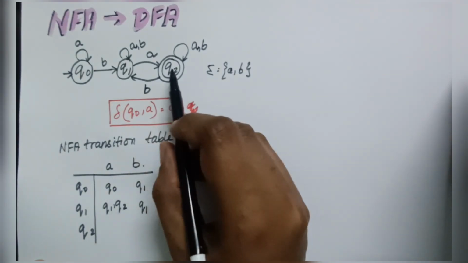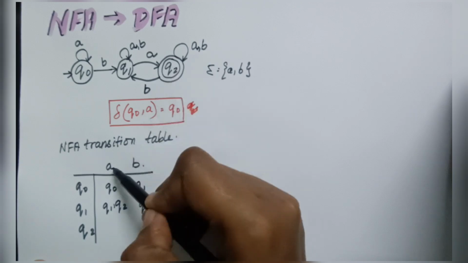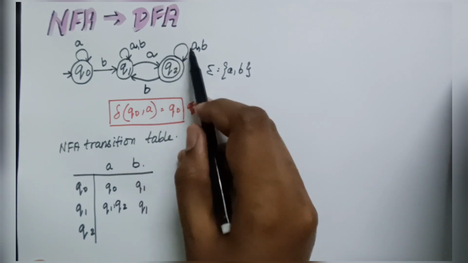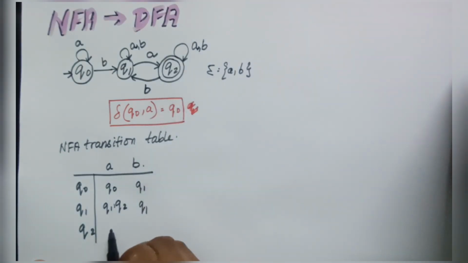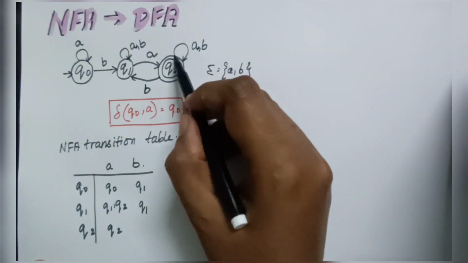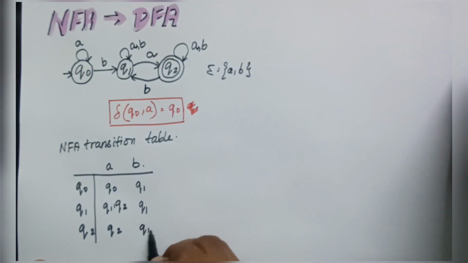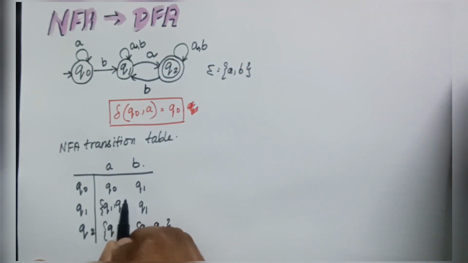Q1. Then I have state Q2. So Q2 and A transition, I have one transition leading to Q2 itself. So Q2. Q2 and B transition, I have two transitions, one leading to Q2 and one leading to Q1. So Q1 comma Q2. So our NFA table is done.